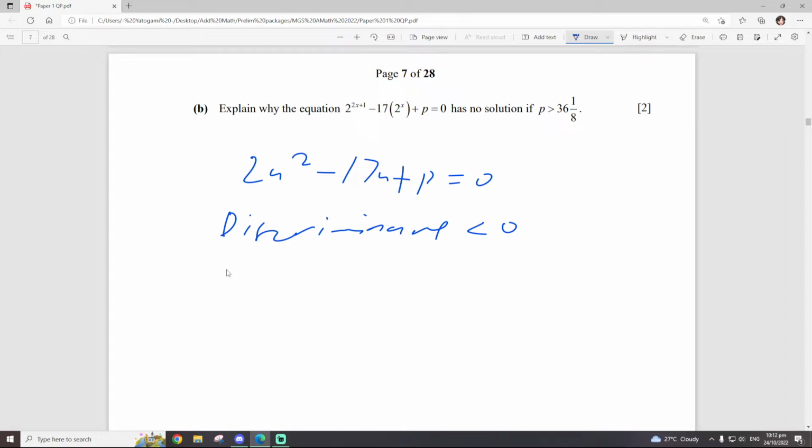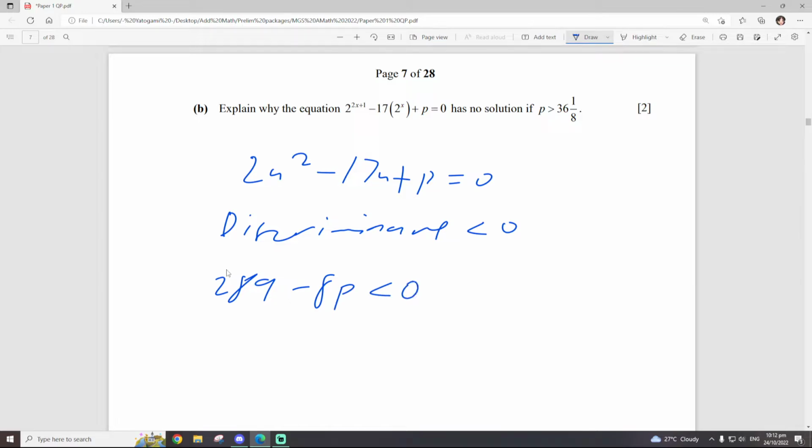For this, what's going to happen is 17 squared is 289, minus 2 times 4 times p, so 8p.